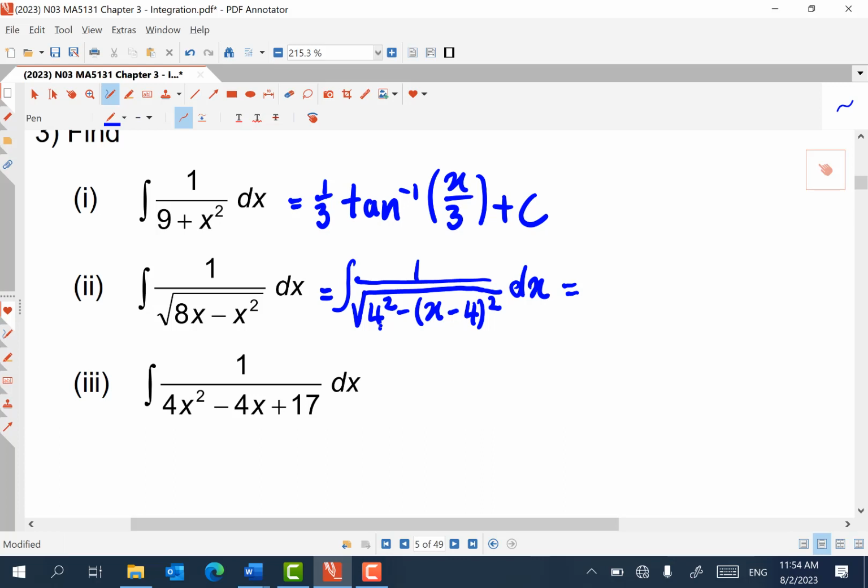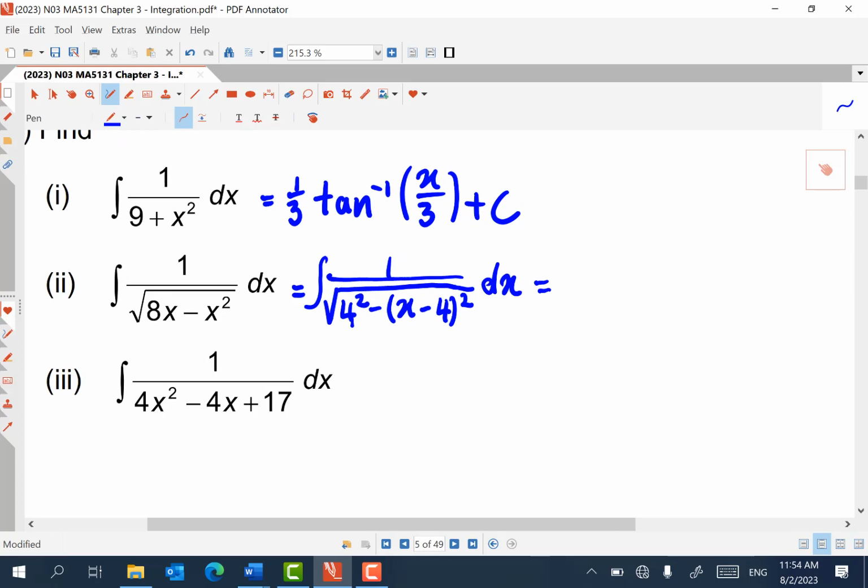There are various ways to go about it. You just do it the way you used to do it. You need me to go through completing the square? Sure. To complete the square, the rule goes this way. If it's a minus x squared, you must always take a minus first.